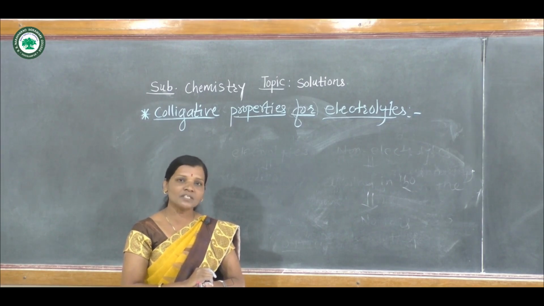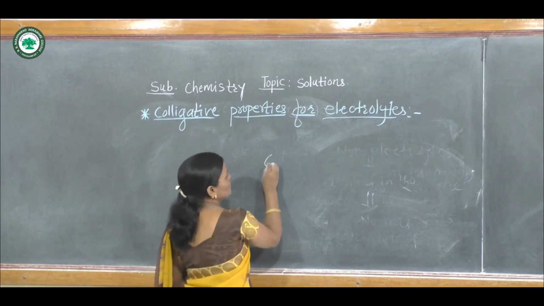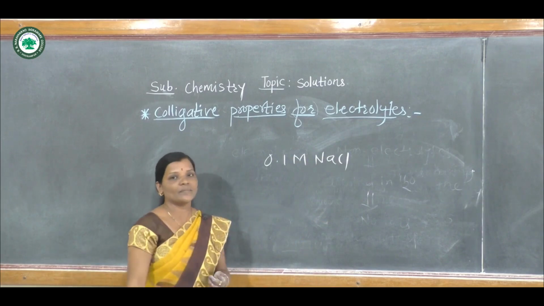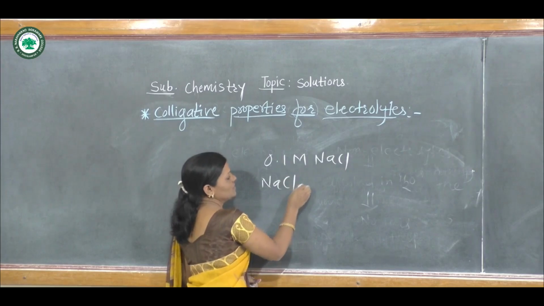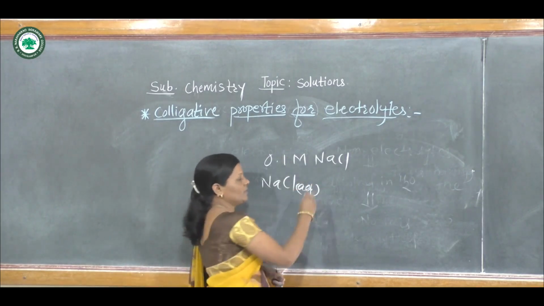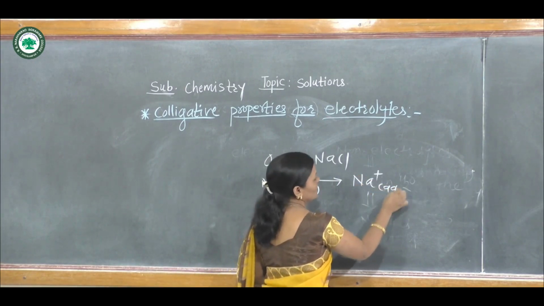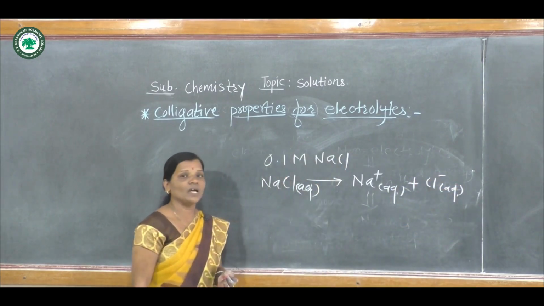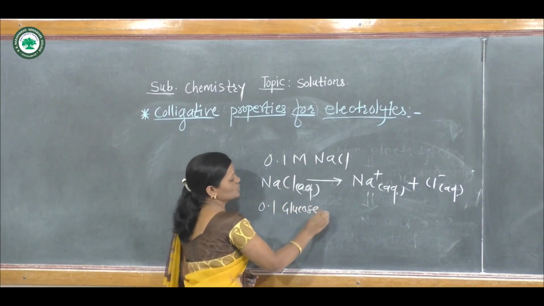Why does this happen? For example, consider a 0.1 molar NaCl solution, an aqueous NaCl solution. NaCl, when dissolved in water, completely dissociates to form Na plus ions and Cl minus ions. Now consider a 0.1 molar glucose solution.